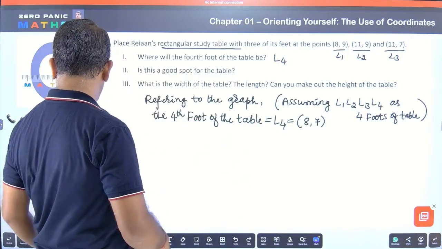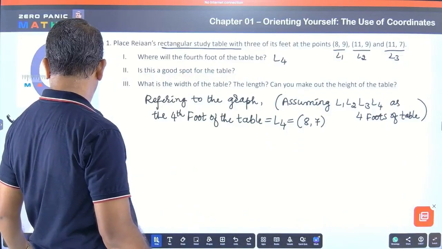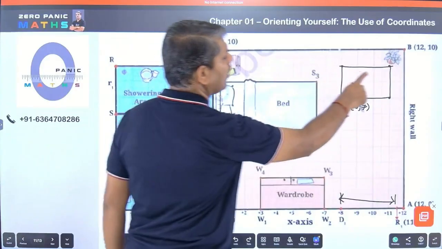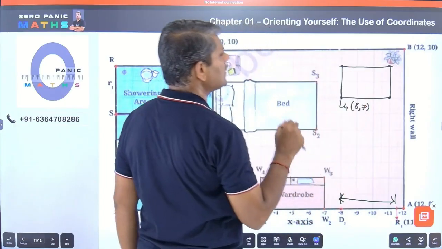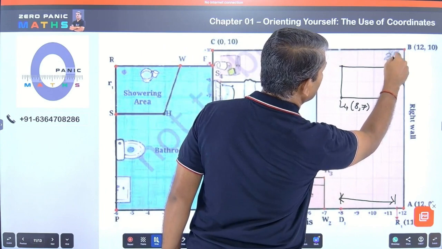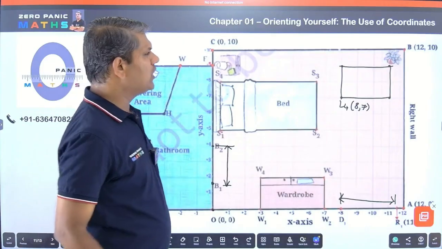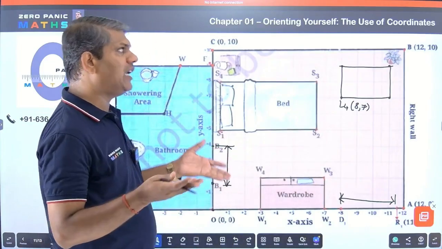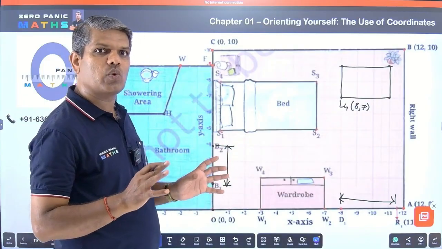Here, if you see in the figure itself, it is in the corner except for 1 foot here and 1 foot here, because there is something given here also in the corner of the room. There is a flower pot placed. So maybe tactically they are asking us whether we are able to answer this question or not.